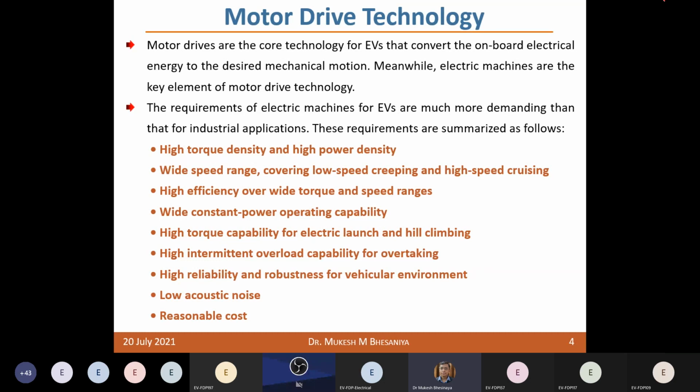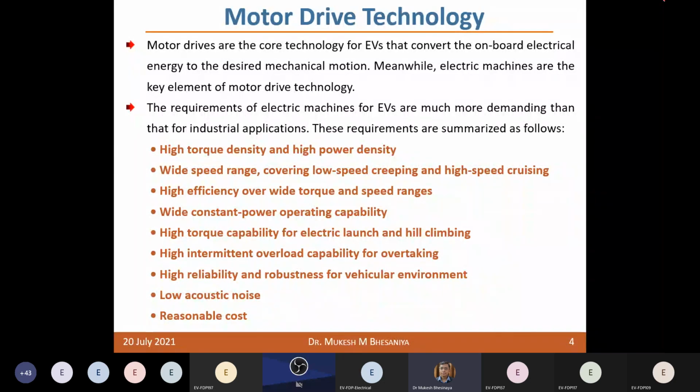So one technology that is used is the DC motor. Again, in that DC motor, you have the commutator motors, also known as the brushed DC motor, and the brushless DC motor. Okay, I'll briefly talk about it in the last topic of this discussion. Then another is AC motors.